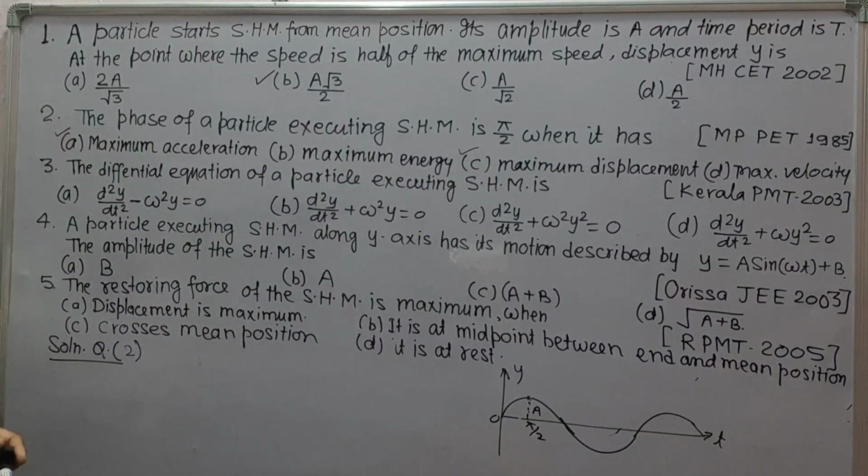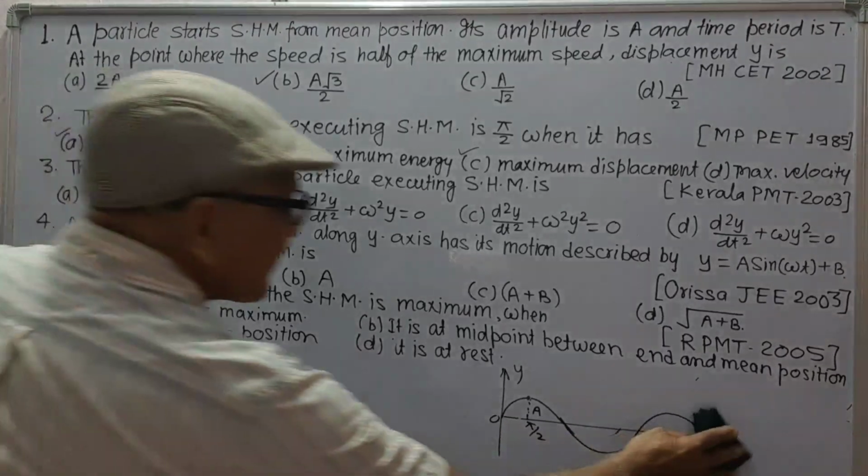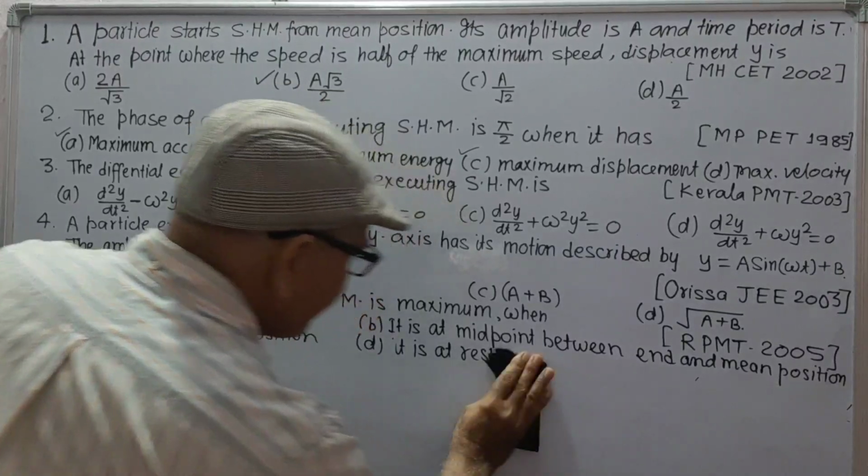Next, question number 3. The differential equation of a particle executing simple harmonic motion is. These are the options. Now, solution to question 3.